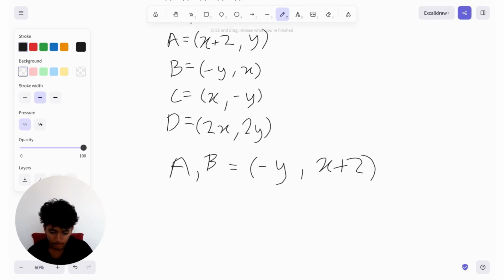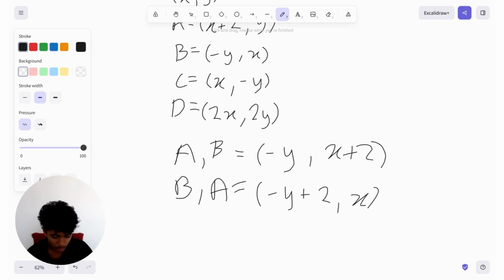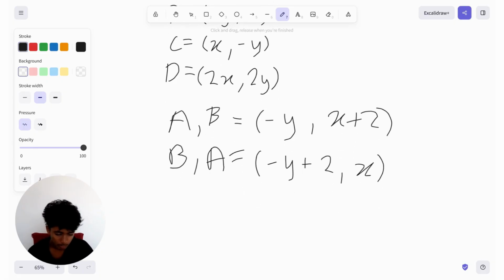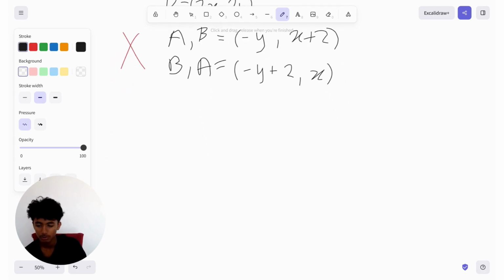The other way around, if we had B and then A, it would be negative y plus 2 comma x, meaning that A and B do not commute. So this doesn't work.